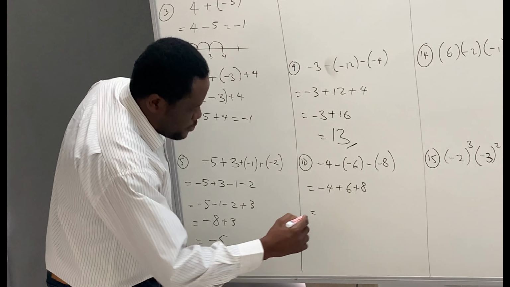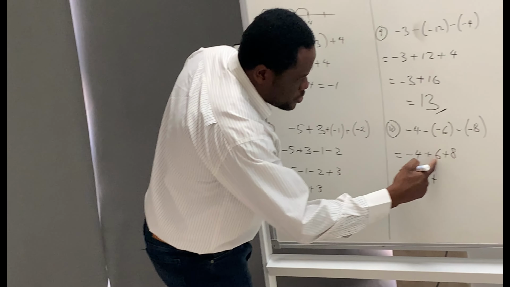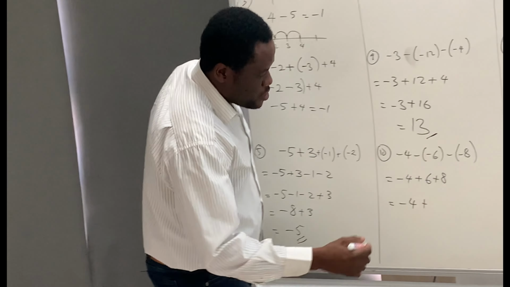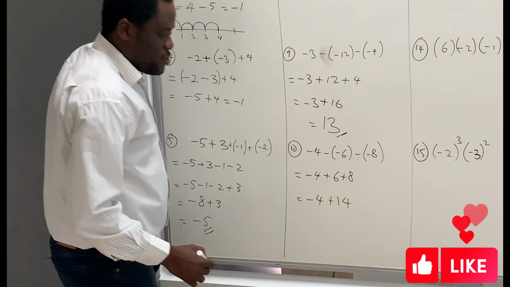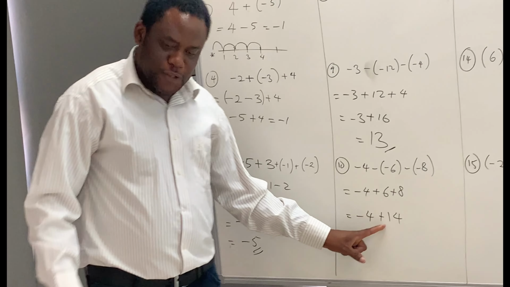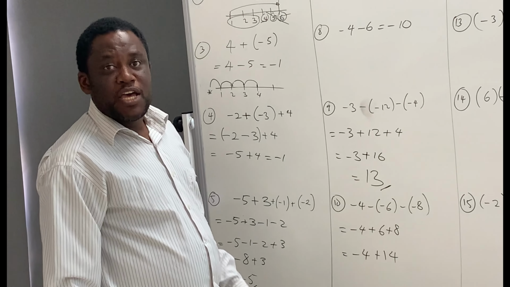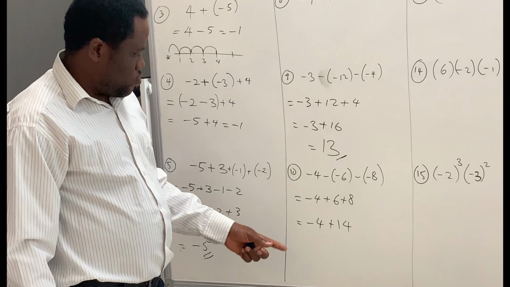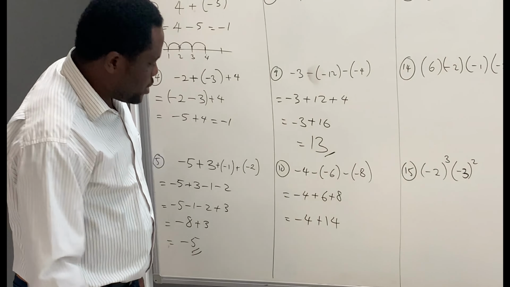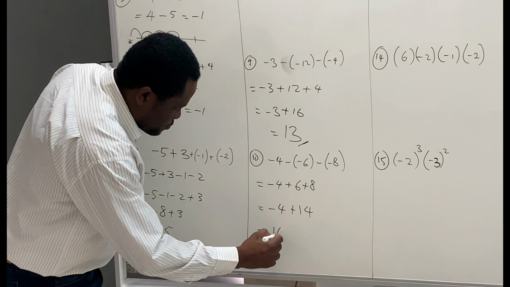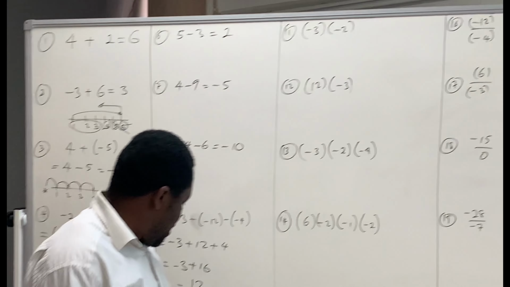We have minus 4, plus 6 plus 8 gives us 14. Now, you have 14 in your pocket. So, unfortunately, you are owing 4. So, if you minus 4 from 14, you have 10.